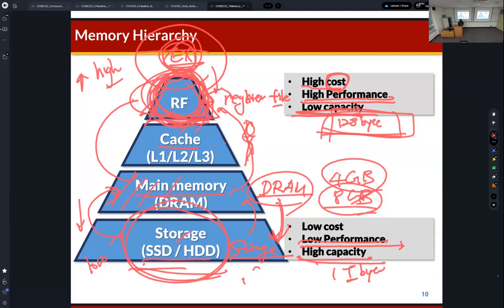In the high level memory, the capacity is very low, but performance is very high. In the register file, we can read data within 1 clock. It's very fast.